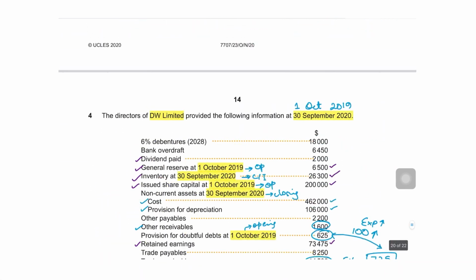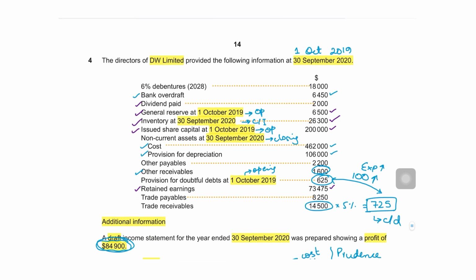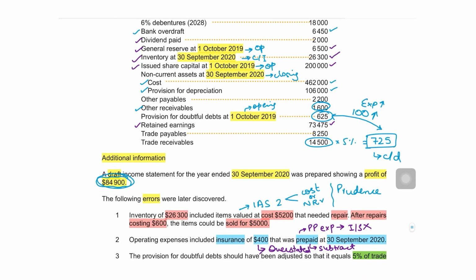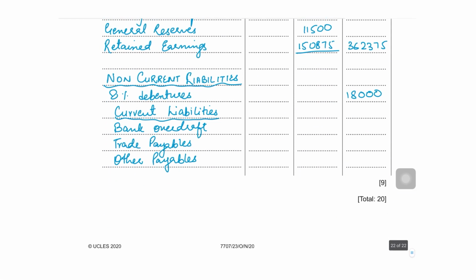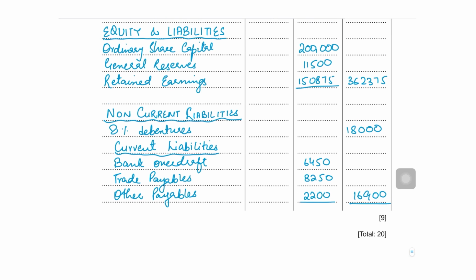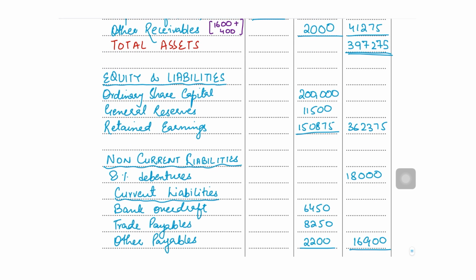So bank overdraft is 6450, trade payables are 8250, and other payables are in the question 2200. So these are the three current liabilities which we have: bank overdraft 6450, trade payables 8250, and 2200. Total is 16,900.